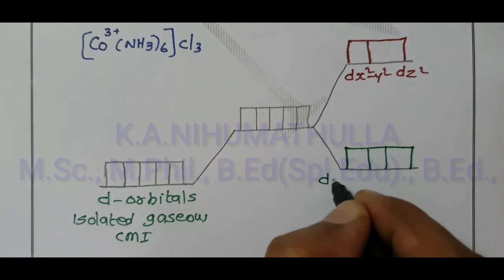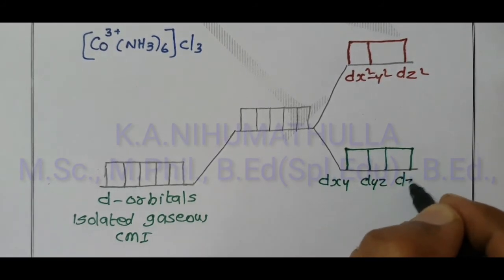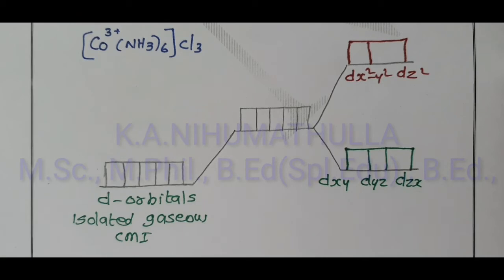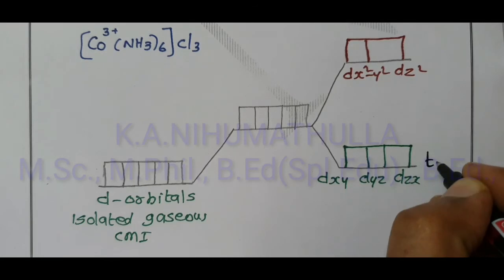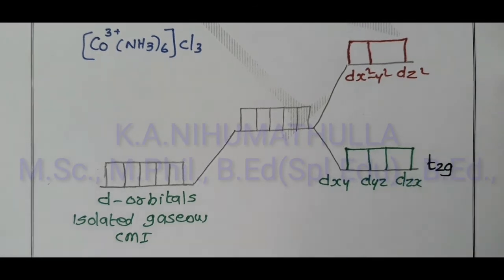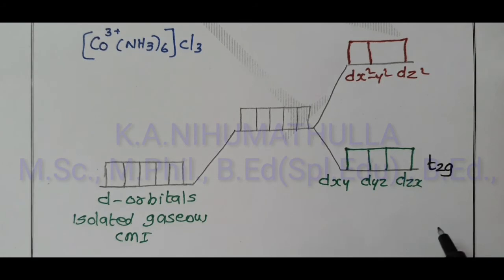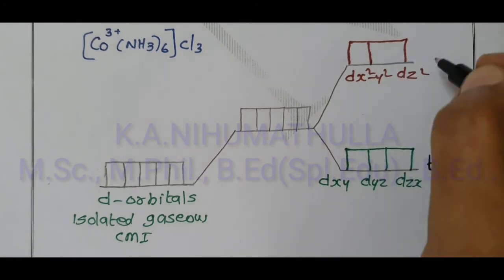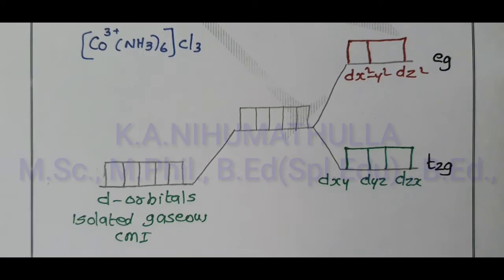dxy, dyz, dzx or xz, having lower energy. These 3 are triply degenerate, T2g. The doubly degenerate orbitals are indicated by Eg.